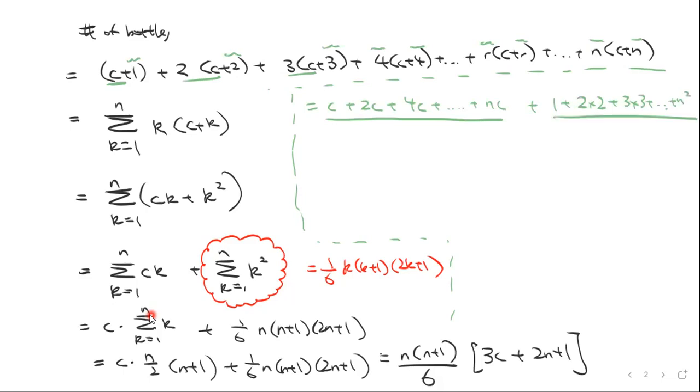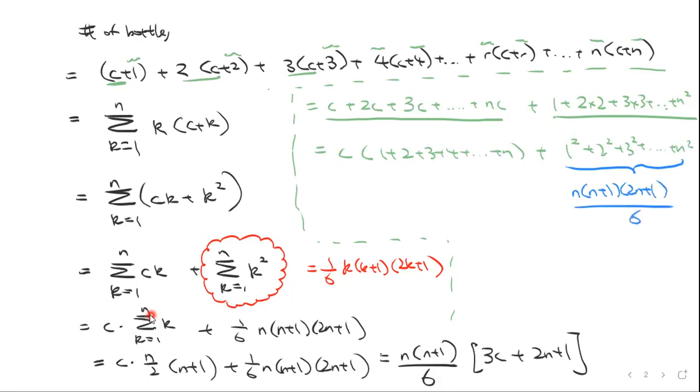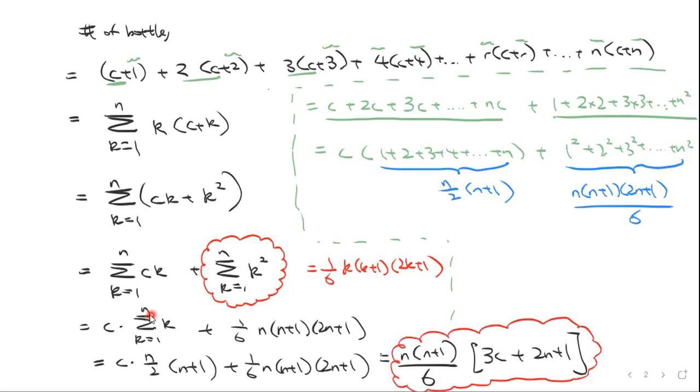So I'm splitting into two terms. In the first one, I'm factoring out the C and giving you 1 plus 2 plus 3 and so on up to N. The second one is 1 squared plus 2 squared plus 3 squared up to N squared. I'm using the fact that this is N times N plus 1 times 2N plus 1 over 6, and that this part is N over 2 times N plus 1. Then simplifying to get my answer. And that's how you do the question.